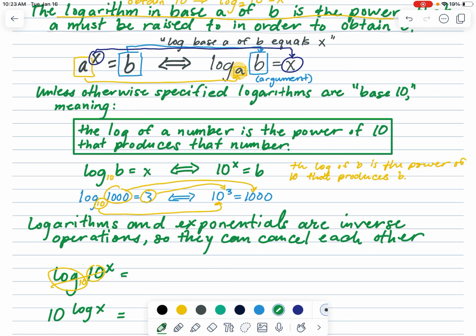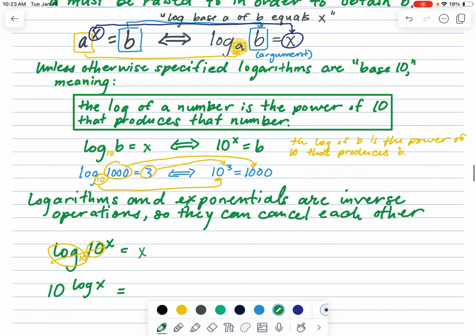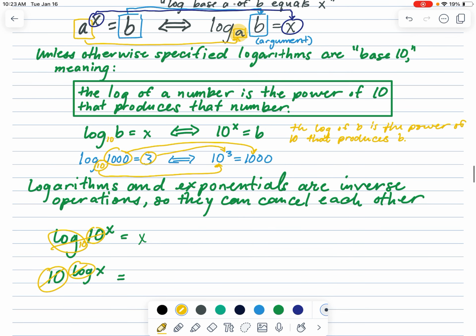That's one way to think of it. And the answer to this is just the exponent, just the x. Same thing here. We've got an exponent with a base of 10, and we've got a log with a base of 10. Those cancel each other out, and the answer is just the exponent.